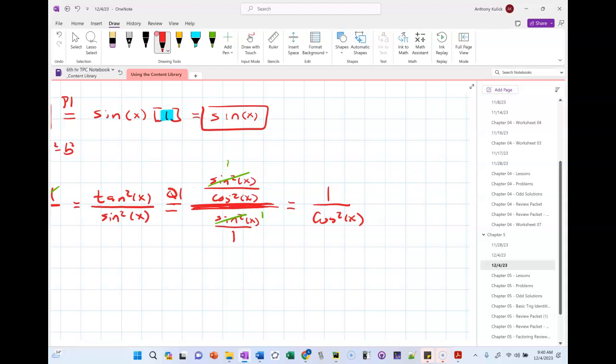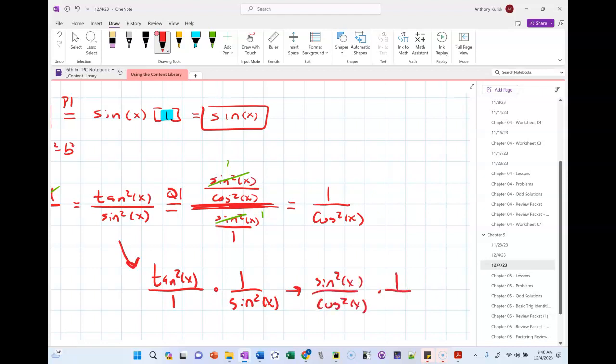The other thing, the way I often like to think about this is when I see something where I'm going to use a quotient identity, before I do that, I kind of think about it this way. So when I do that quotient identity, it looks a little bit more like a multiplication problem rather than a division problem, because sometimes that's a little bit cumbersome to work with.